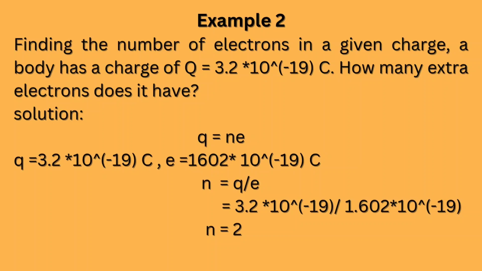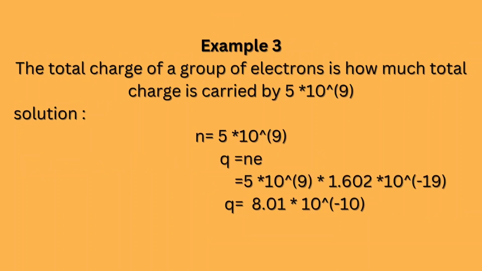Q is equal to 3.2 into 10 power minus 19 coulomb. Solving for n is equal to Q by e, equal to 3.2 into 10 power minus 19 divided by 1.60 into 10 power minus 19. We get the answer n is equal to 2. The body has 2 extra electrons.